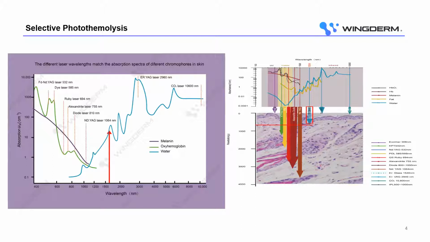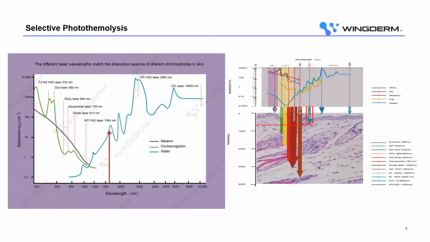So the erbium laser is safe for all skin types. There's no more risk for the non-ablative, non-selective tissue. From this data, you can see the depth of penetration of the 1550 erbium laser is not more than 1,000 μm.